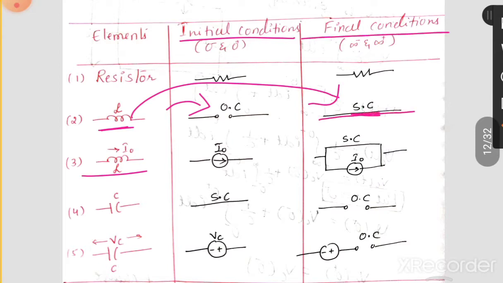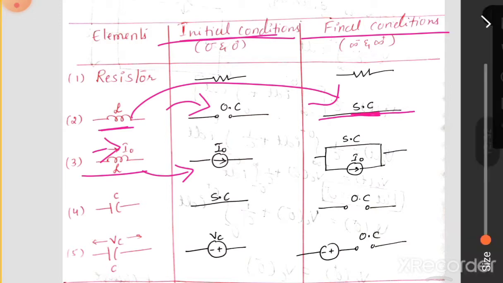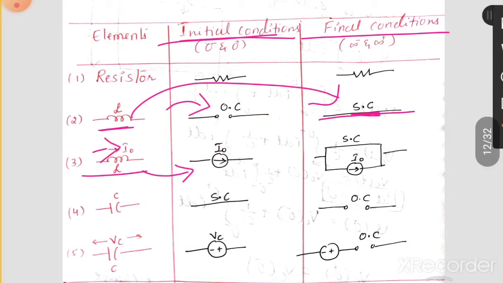Means short it. Similarly, if an inductor has some initial current, that is I naught, then it has to be replaced by a current source for the initial conditions, and for the final conditions it is represented like this, with a current source and another branch as a short circuit.